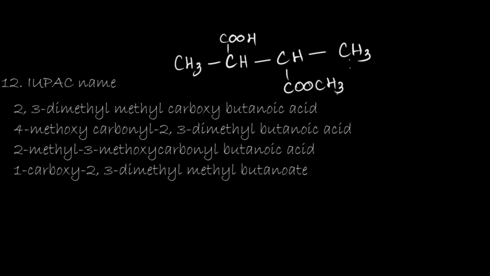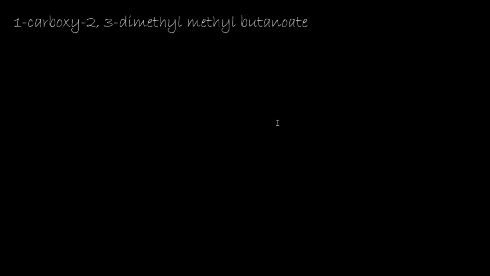So I'm numbering it from here 1, 2, 3, 4. So 4-methoxycarbonyl, and at the second and third positions I have a methyl group. So 2,3-dimethyl, 4 carbons are there, butanoic acid. So that is the answer to this question.